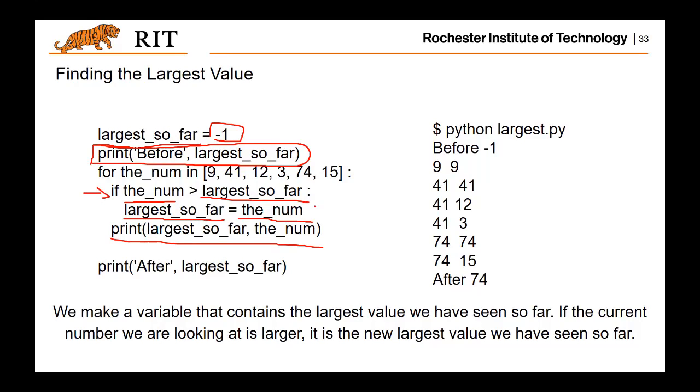And after going through the array, we have the overall largest so far number, which is 74. So that is how it works. Quite simple, right?